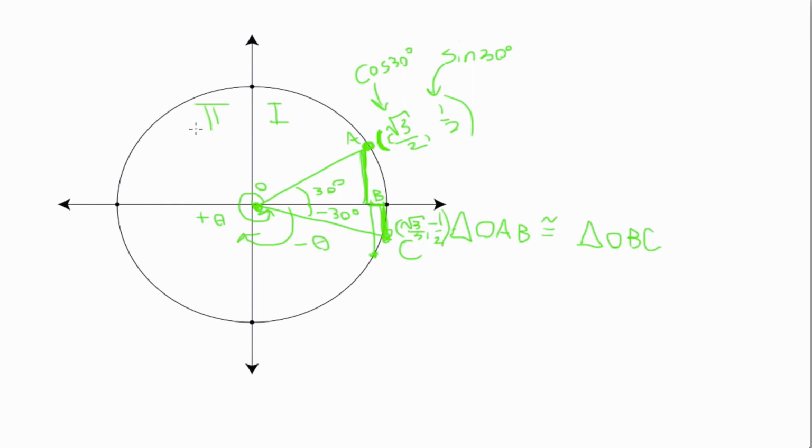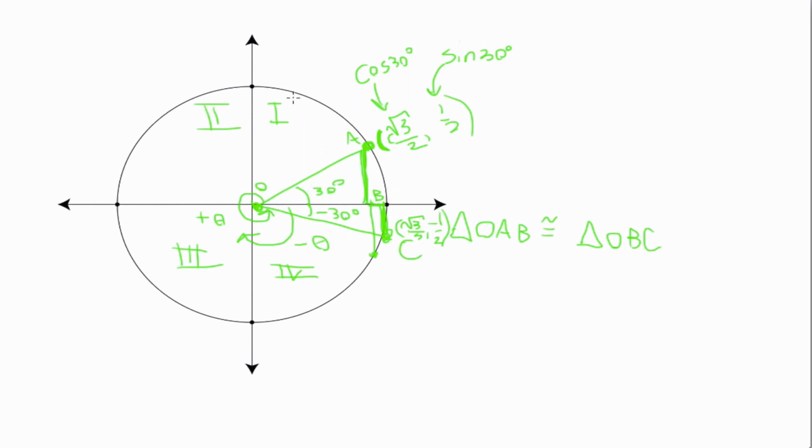This is, by the way, why the quadrants are labeled this way. If we're in the fourth quadrant, we get a negative y value and a positive x value. If we're in the third, we get negatives for both. If we're in the second, we get negative x but positive y. And if we're in the first, we get positives and positives.